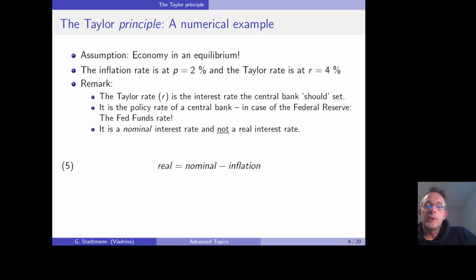So therefore, it is a nominal interest rate and not a real interest rate. So how large is the real interest rate in this setting? Real interest rate is equal to nominal interest rate minus the inflation rate. So nominal interest rate is equal to 4%. Inflation rate is equal to 2%, so that the real interest rate is equal to 2%.